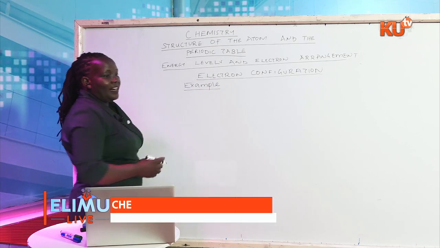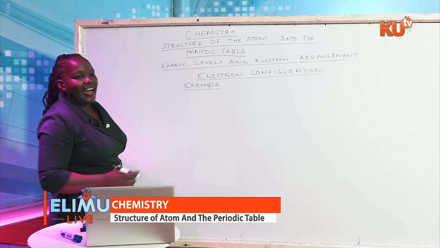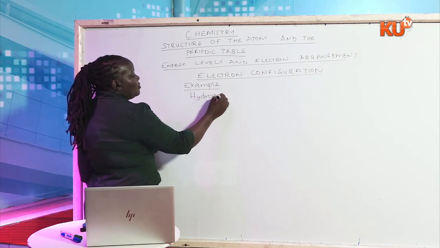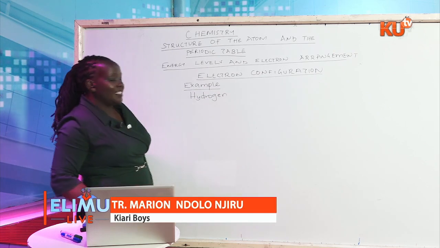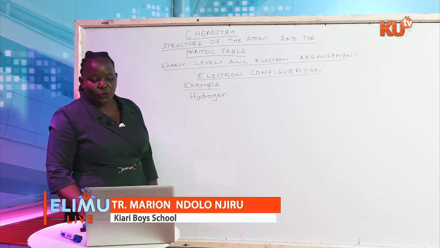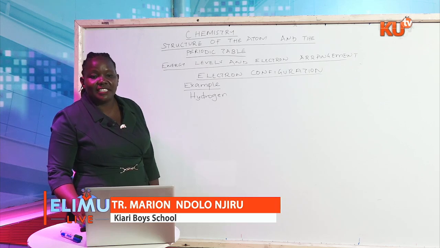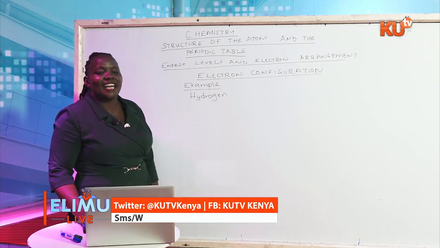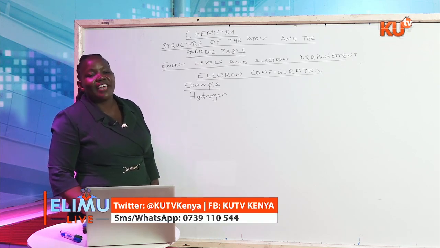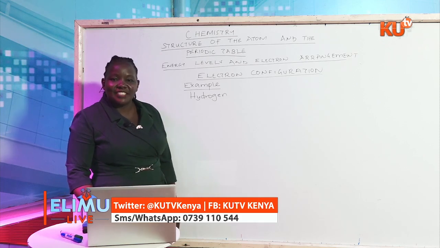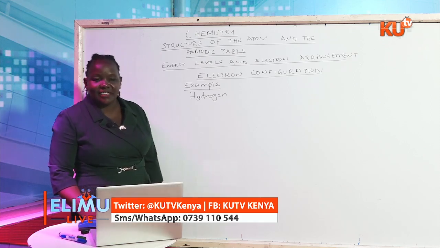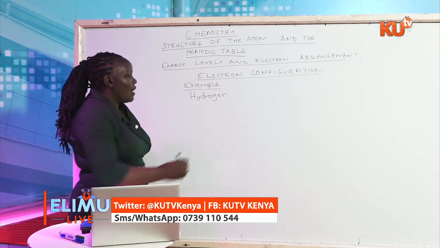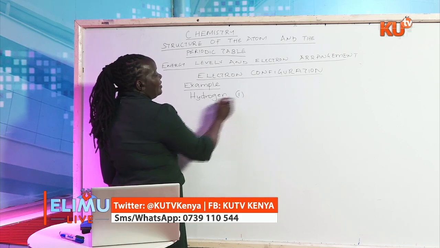I want us to look at an example, hydrogen. For you to be able to write the electron arrangement, it is necessary that you know the atomic number of a given element. Who can remind us what is the atomic number of hydrogen? Correct, the atomic number of hydrogen is 1.